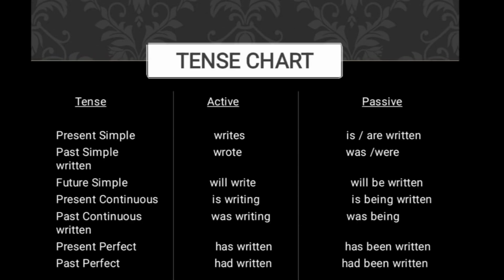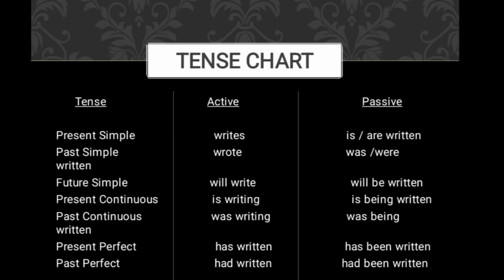Tense chart. When we change a sentence from active to passive, the tense must remain the same. But the verb changes into be plus past participle. For example, present simple writes changes into is written.